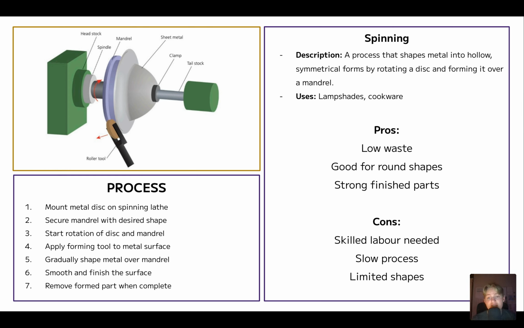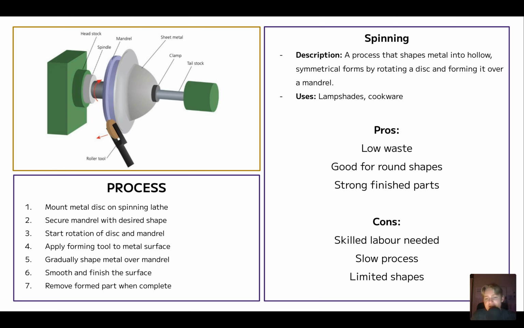But the pros is that it is very low waste because we don't usually need to cut off any excess, and there's not very much material we need to use. It's good for round parts, as I mentioned, because that is what the mandrel is. But it also creates quite strong finished parts because we're not having to use anything with a particularly high ductility, because we are just forming it using a roller tool and some spinning.